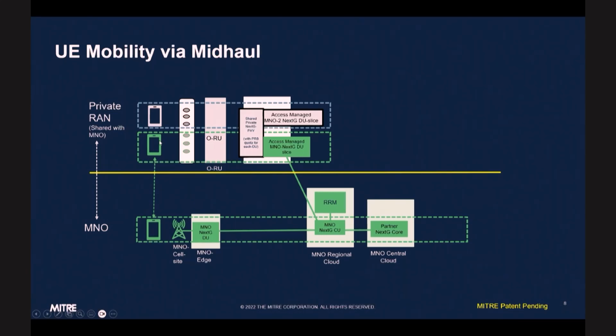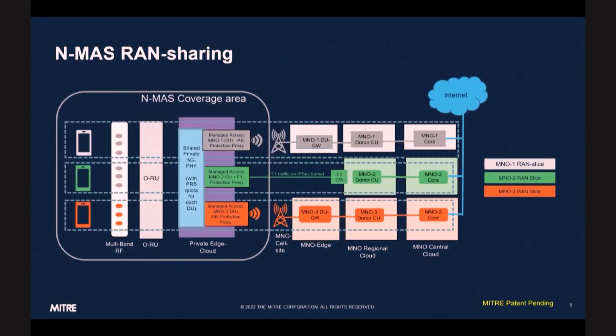In fact, we are extending the carrier signal inside the campus, and whenever the mobile is moving into the campus or is used inside the campus, it would access via the access node to the CU, and then the access management can be done. So this is the RAN sharing architecture which is proposed.